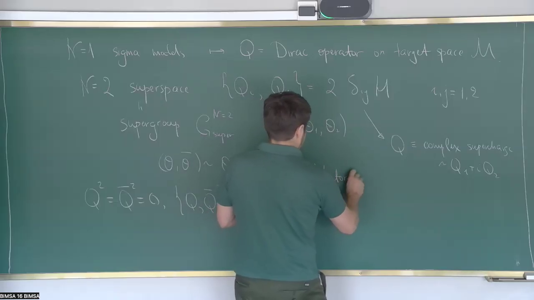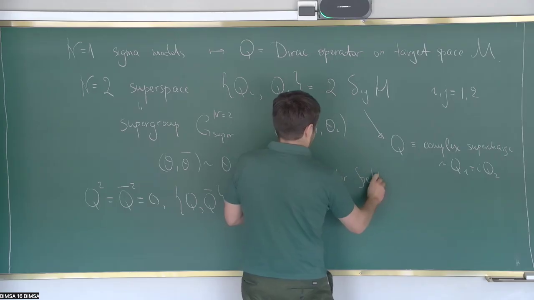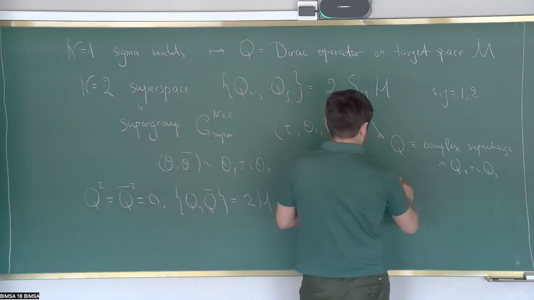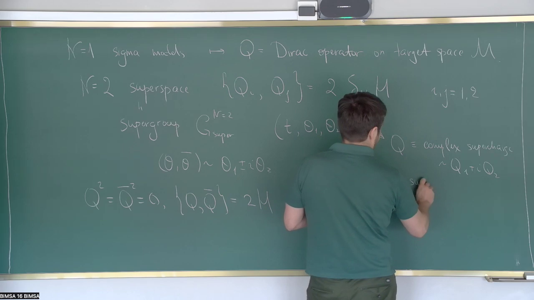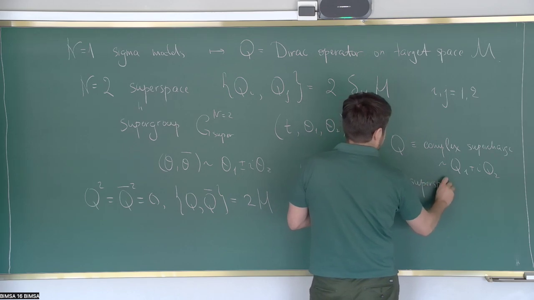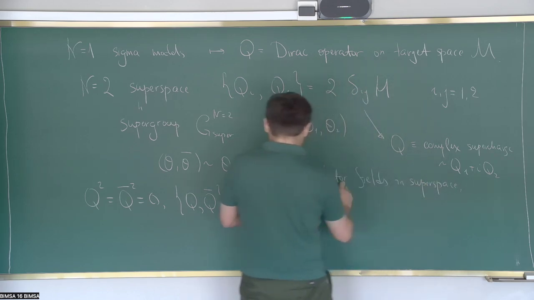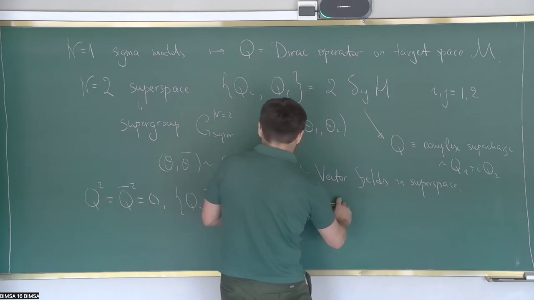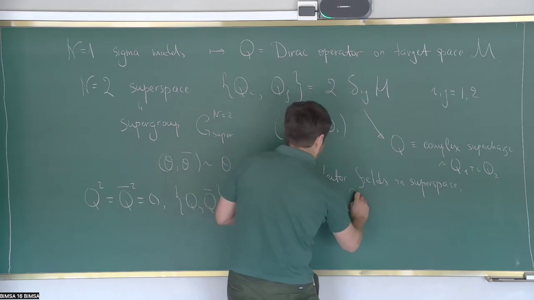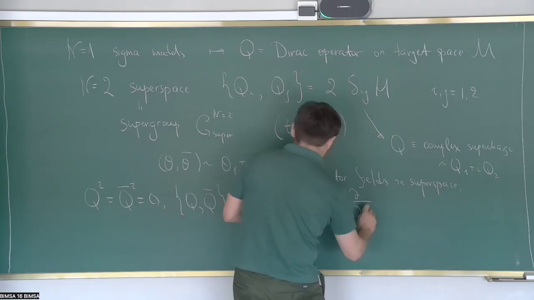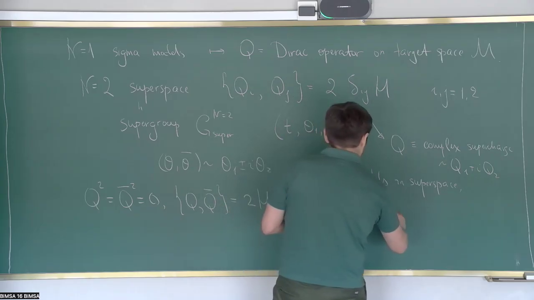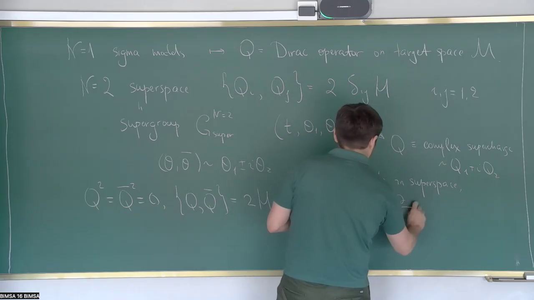Q can be written as minus i d over d theta plus theta bar d over dt.